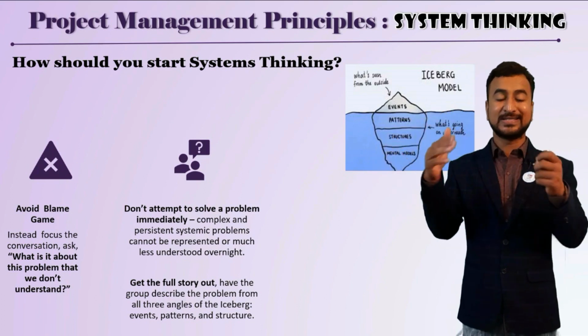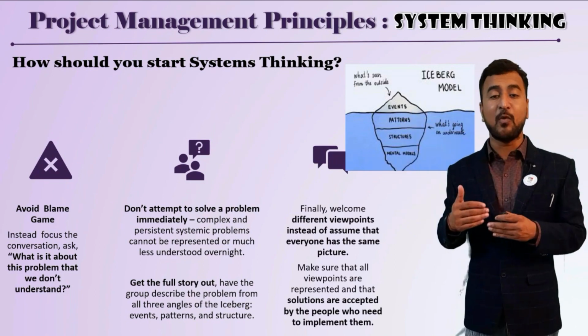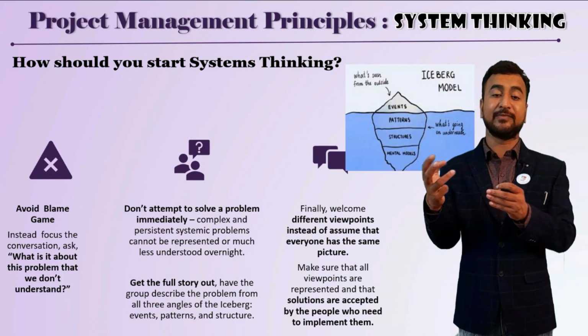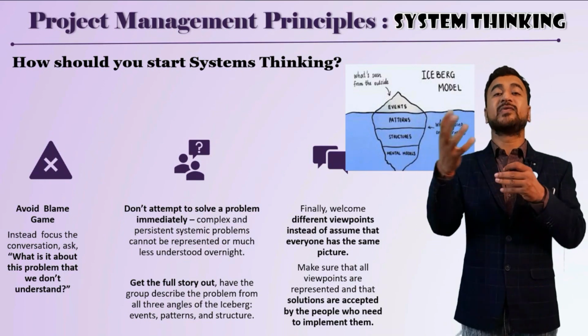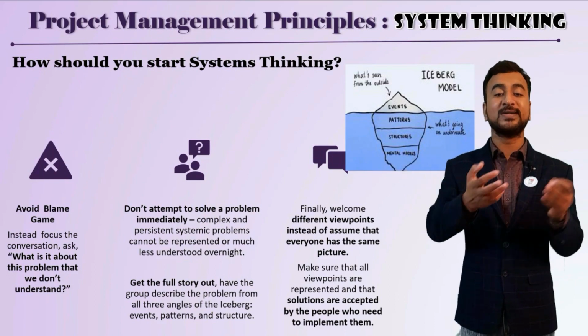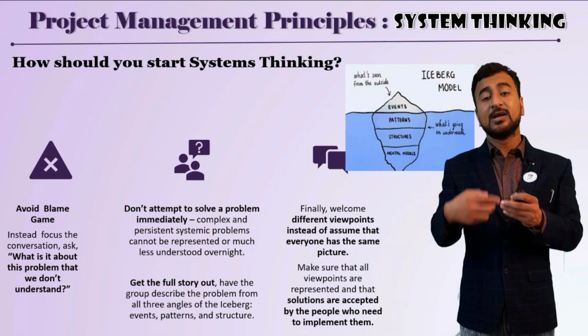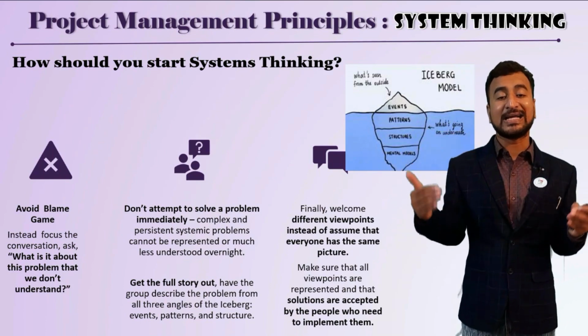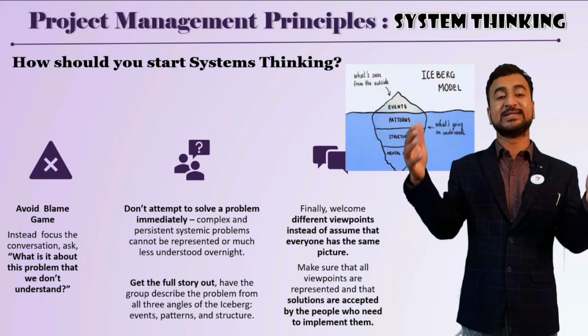Try to understand different options. Finally, welcome different viewpoints; instead of assuming everyone has the same view, try to get different viewpoints from the different stakeholders. Do a brainstorming exercise, and after that come up with a solution that is accepted by those who are going to implement it. This is the way you can implement systems thinking.